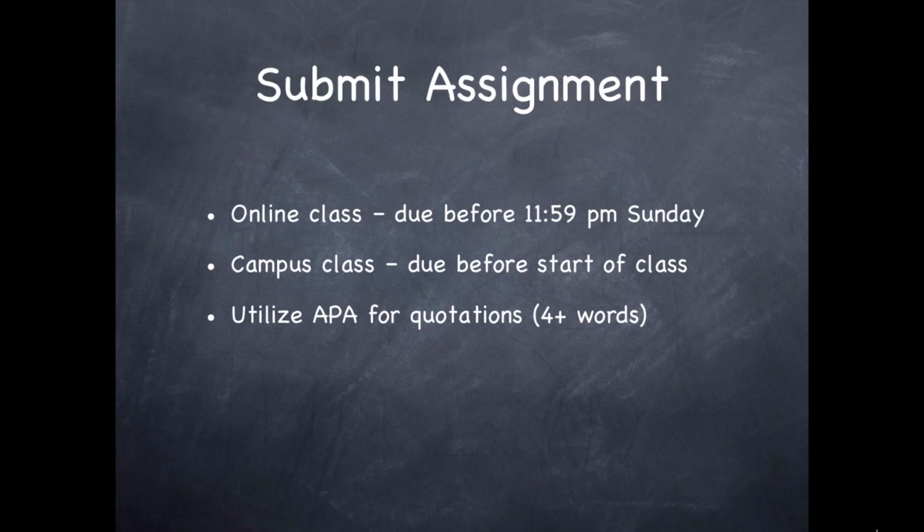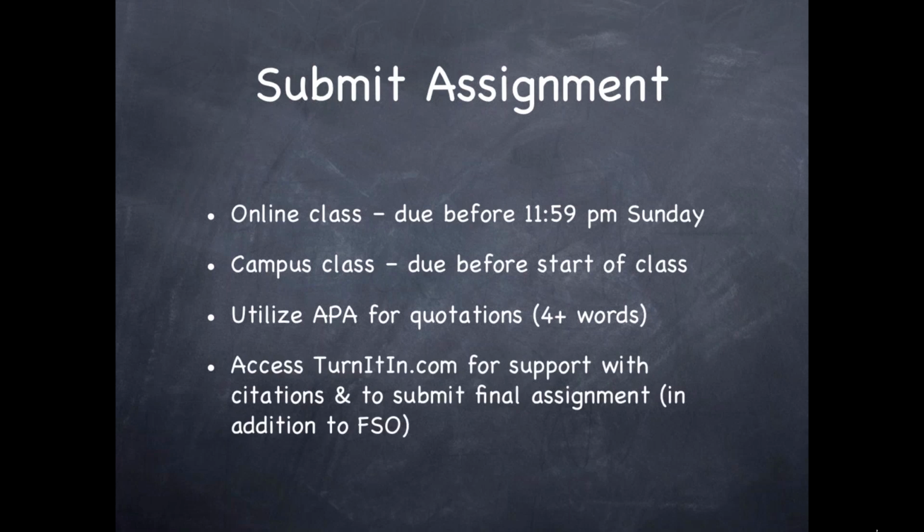Utilize APA format, quotations, citations, anytime you're using third-party sources, and access Turnitin to help you do a review. Your assignment shouldn't be more than 20% similar to existing content. So you want to pay close attention and make sure when you're submitting that anything that needs a citation is properly cited, and as well that you are not missing citations.